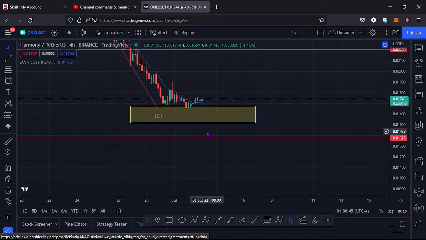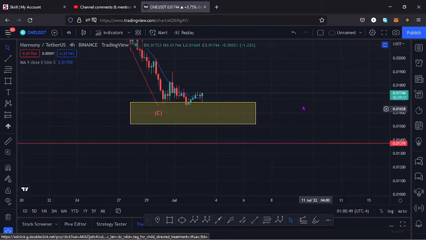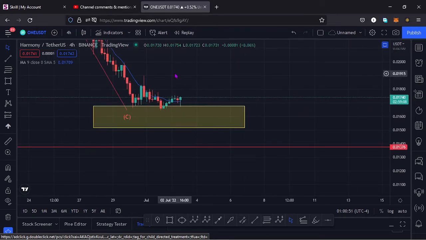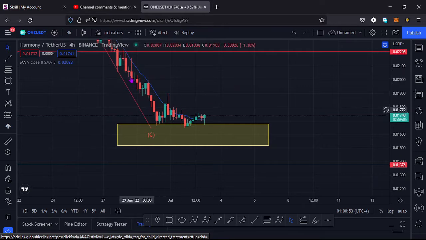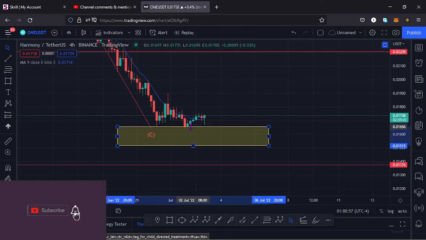Some of the key scenarios that can play out over here are that if we look at this chart clearly, you can see the formation of something like a double bottom.